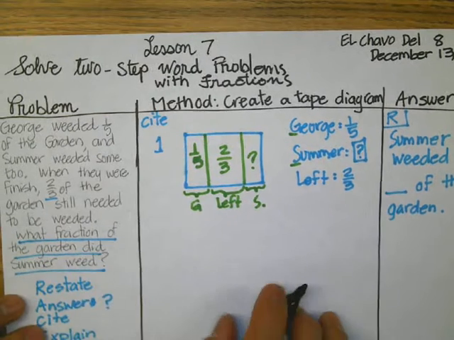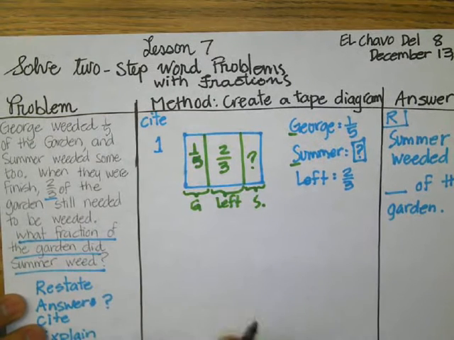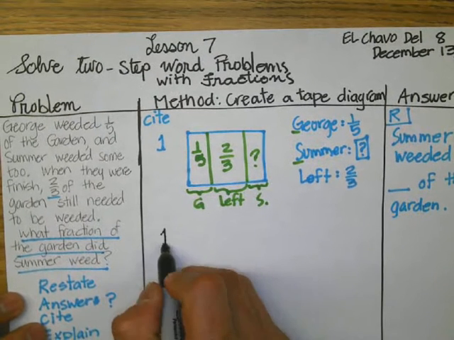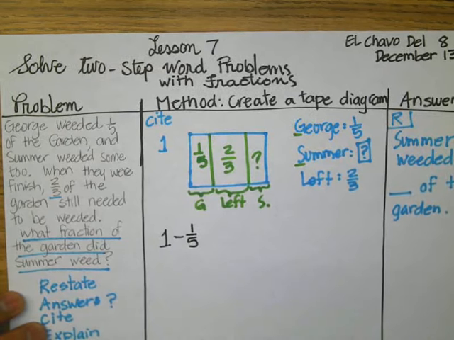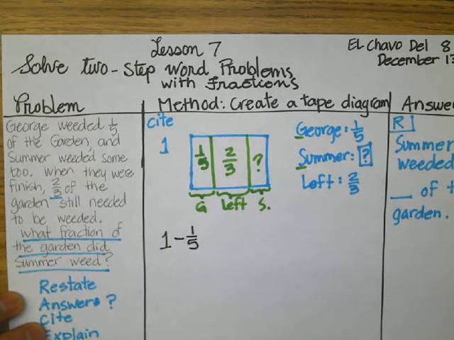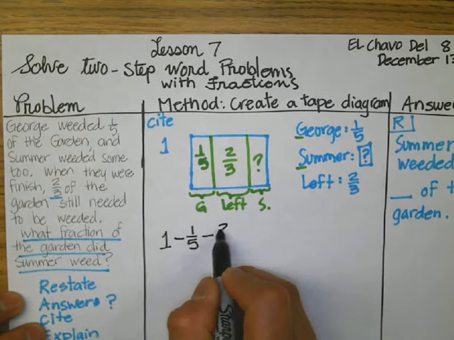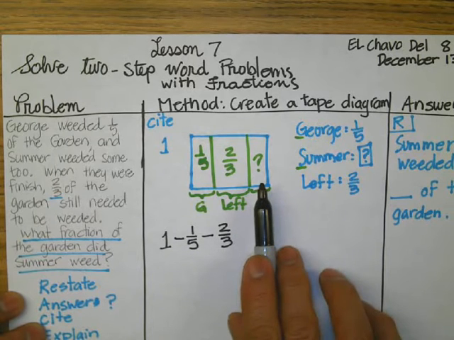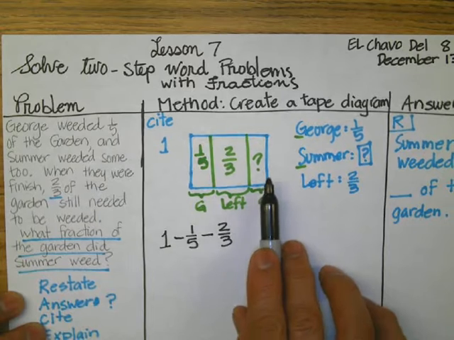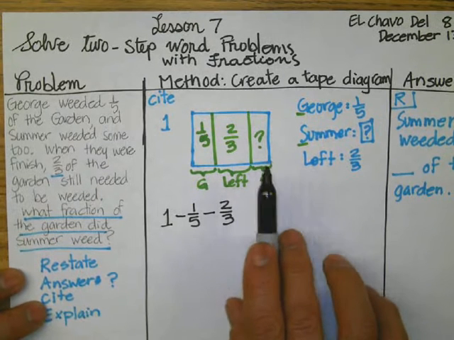So we set it up, we have the evidence, and we say, okay, there was one garden, and from that garden, George weeded 1/5, and also there was 2/3 left undone. Why do we subtract those from the one? Because we want to know how much is left so we can find out how much of the garden Summer weeded.